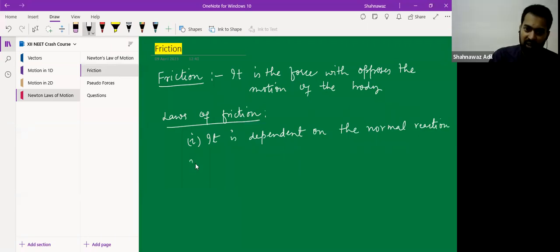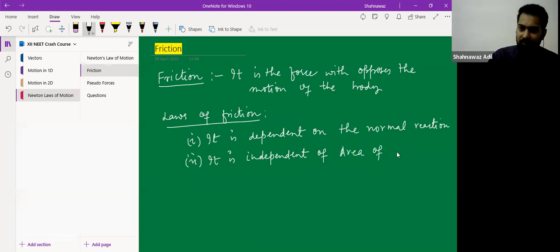The second one is that it is independent of area of contact, right? And thirdly, it is dependent upon the roughness.